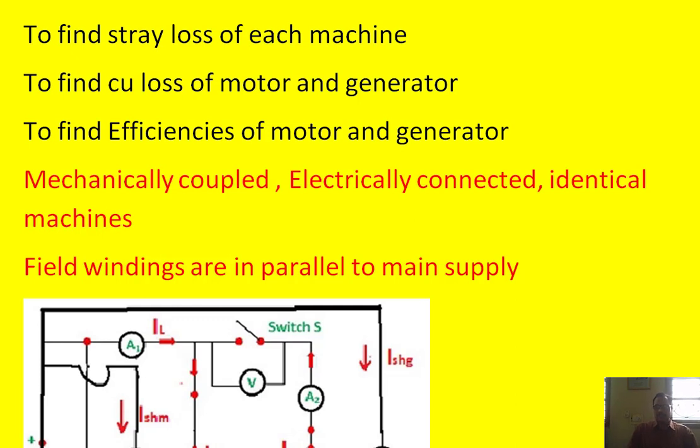And from this test we will find actual stray loss under load conditions for both the machines at a time, and also we can find the generator efficiency and the motor efficiency under actual load conditions.